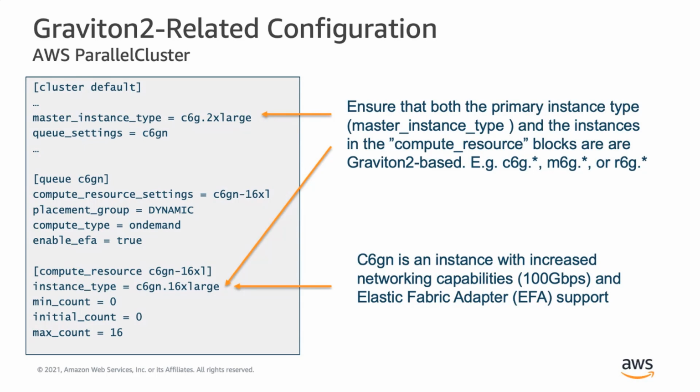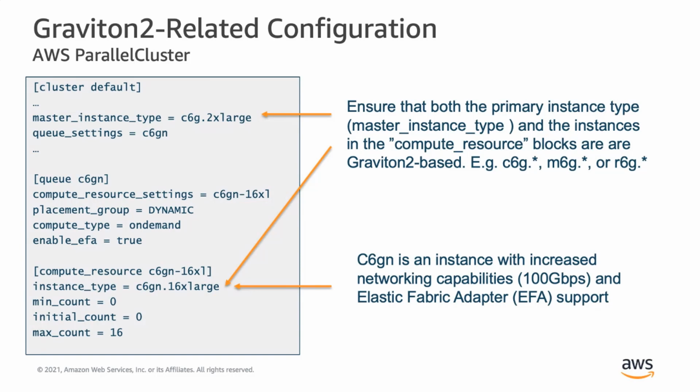So that's the one that you're going to log into, you'll compile code on, you'll submit jobs from. You want to have that be a Graviton2-based instance. So depending on your requirements, that may be a C6G-based instance or an R6G-based instance. Often these don't need to be particularly large because you're not running the end workload on it. So you can see I did a 2 extra large.